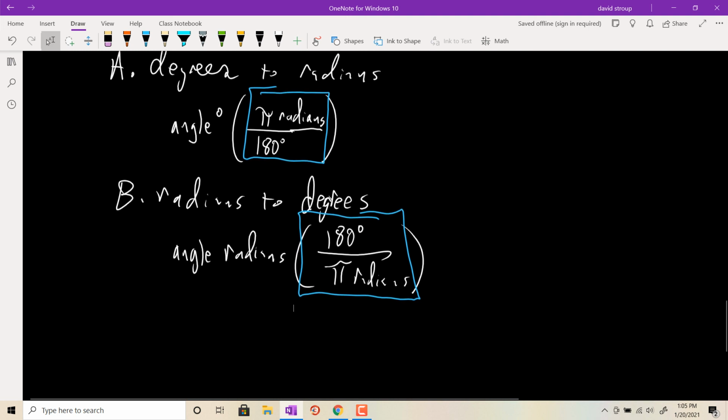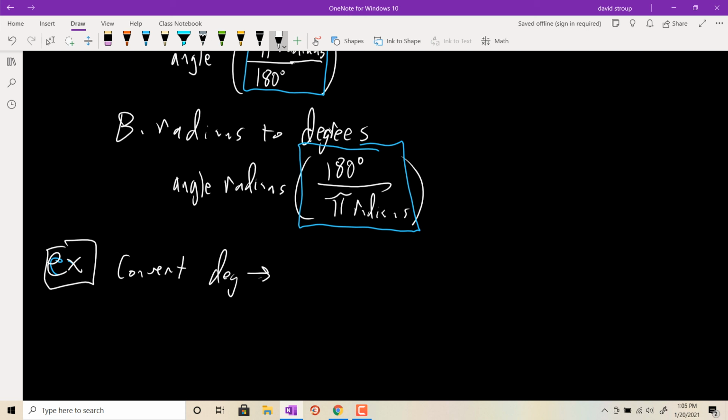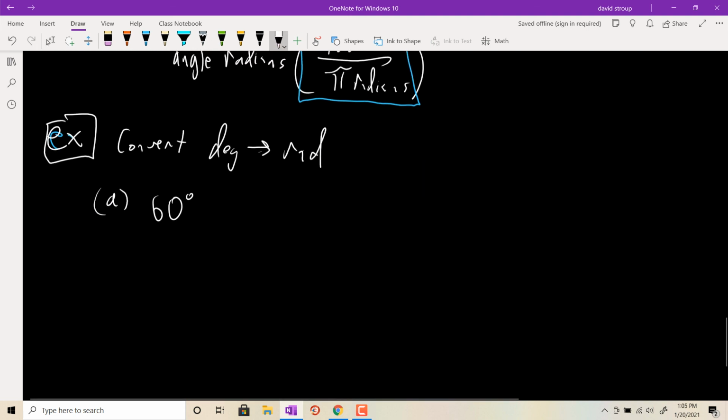Okay, so let's do some examples here. I just take these from the book. So first let's try converting from degrees to radians. And they're going to give us 60 degrees for our first problem. Okay. So, I think I need the degrees to cancel out. So if I multiply by a factor, I want the degrees in the denominator.